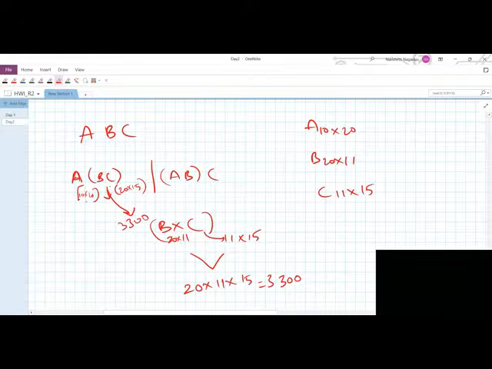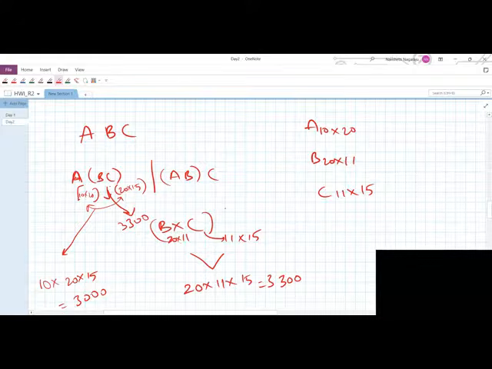So, when we multiply A with this, again the number of multiplications will be 10 into 20 into 15. That is 3,000. So the total number of operations to solve this will be 6,300 if we solve in this way.